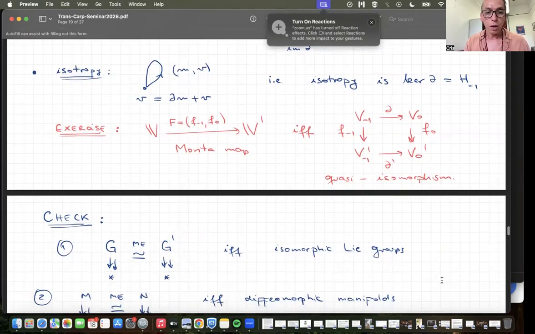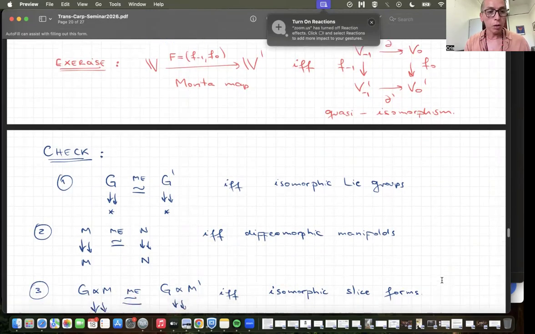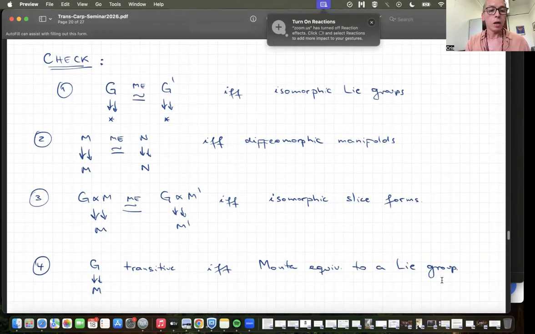So here I put some examples for you to check. If one has two Lie groups, G and G′, which are Morita equivalent as groupoids, this is the same as saying that these two Lie groups are isomorphic as Lie groups.